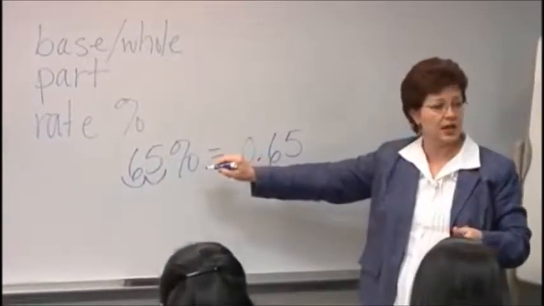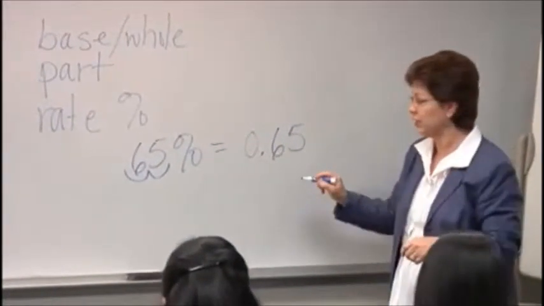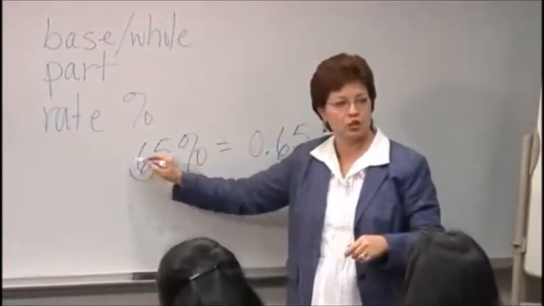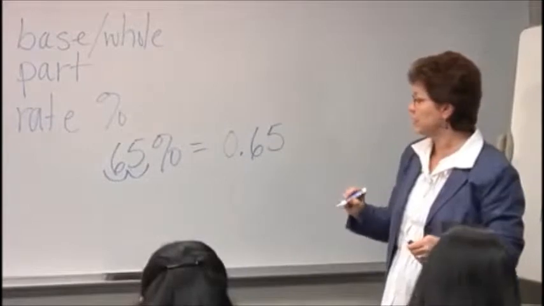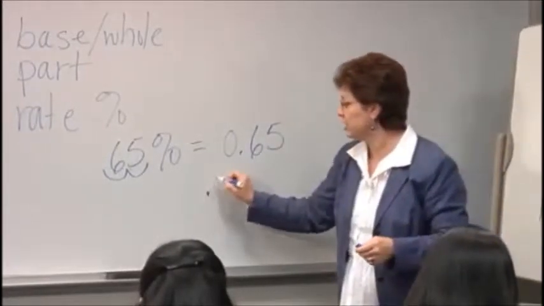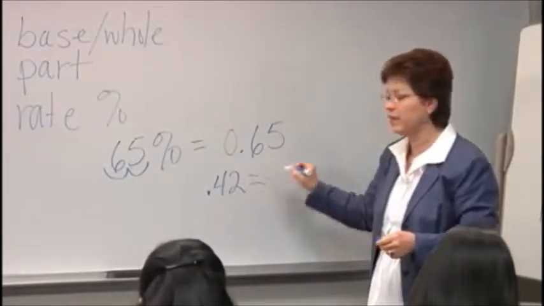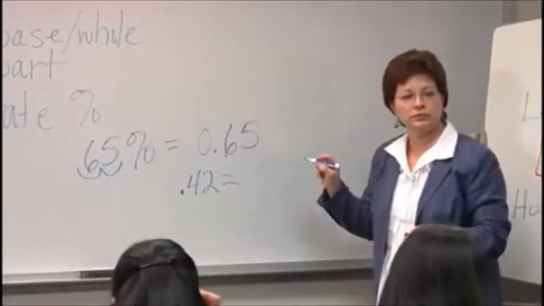Because we have 100. So move 2 places because 100 has 2 zeros. Exactly. A percent is always out of 100, isn't it? Like Raman told us. So we have to move the decimal 2 places to the left to change a percent to a decimal.